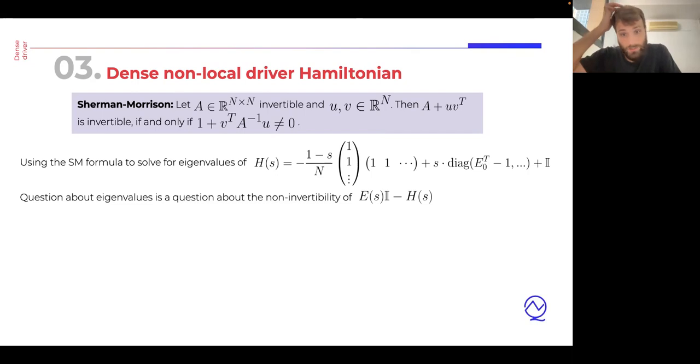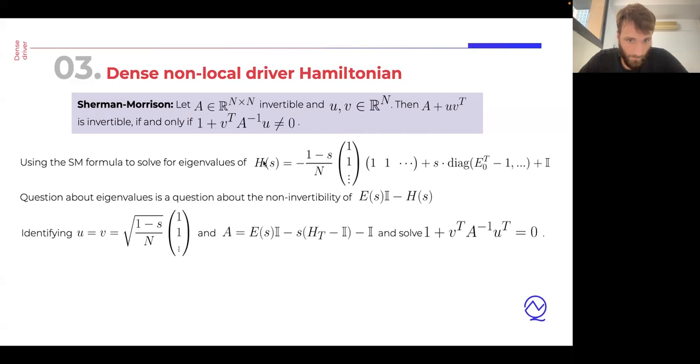But more generally, we were asking questions about eigenvalues, right? The more general and more mathematically correct notion of eigenvalue problems is that it's a question of non-invertibility of an operator like that. So we want to know all values of E for which this operator is non-invertible, which is what we would technically call an eigenvalue of the Hamiltonian.